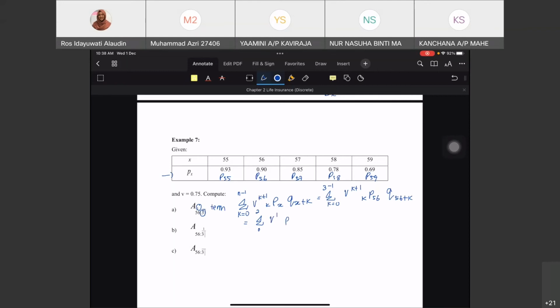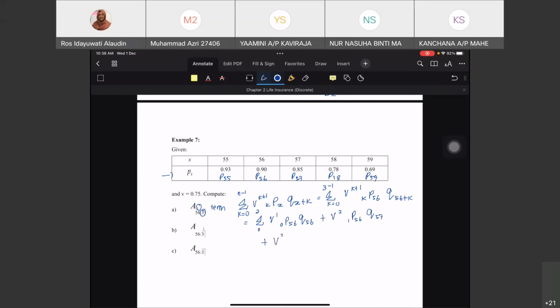So 0P56, where k is 0, q becomes q56. Plus v squared, since k is equal to 1 and 1 plus 1 is 2, so we have 1P56 q57, since 56 plus 1 is 57.